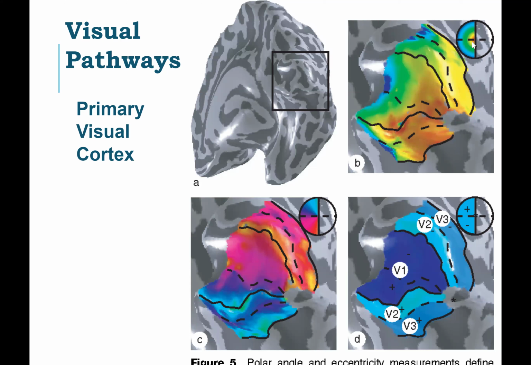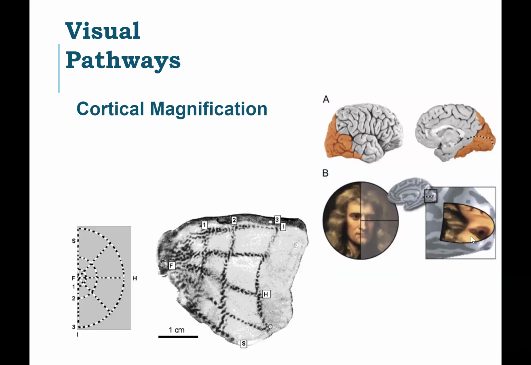The areas that are close to each other in the visual world are represented by close by areas in the surface of the cortex. So if you're looking at a face, this is a schematic. If you're looking at a face, the areas that are representing that face would be close to each other.